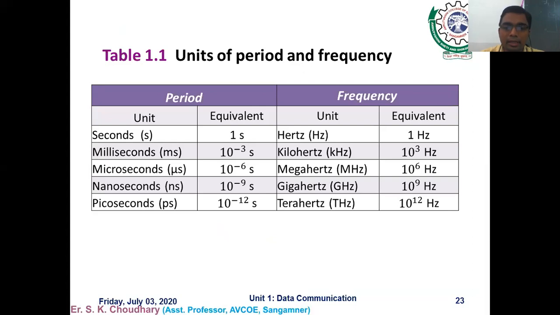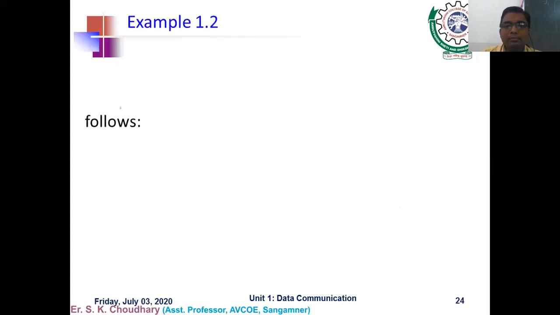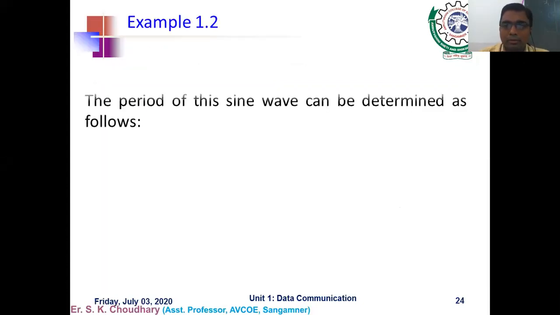Nanosecond means 10 to the power minus 9 seconds. Picosecond is 10 to the power minus 12. In a similar fashion, for frequency, terahertz is 10 to the power 12 hertz, gigahertz is 10 to the power 9 hertz, megahertz is 10 to the power 6 hertz. These are the equivalent representations that you need to know to solve the numericals based on this topic.